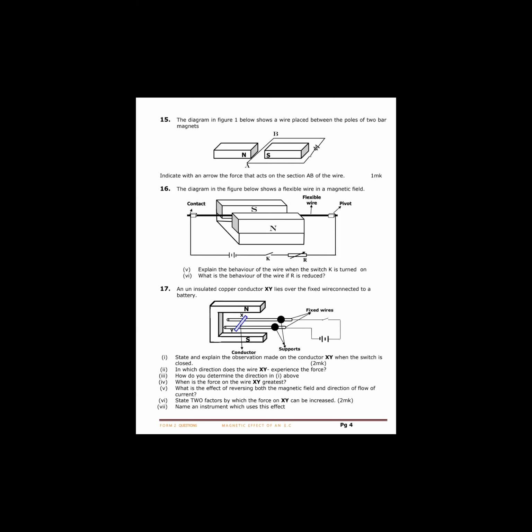That is the first mark. So when current flows along XY, the conductor rolls along the fields towards the support.